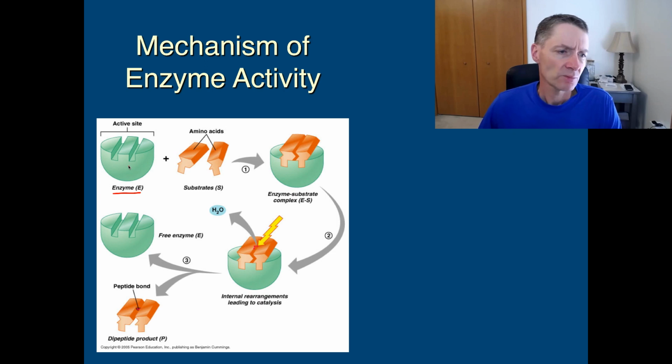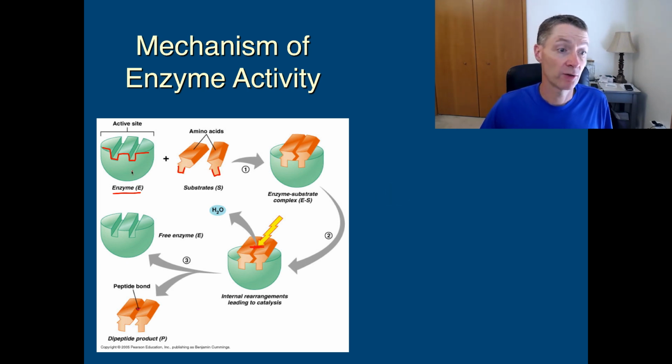Now, here in this case, the shape of this particular enzyme gives us an active site that will fit, in this case, two substrates, and they happen to be amino acids. All right? So they get close to one another, and as a result, there's enough energy here now to form these bonds. This happens to be a peptide bond between two amino acids.